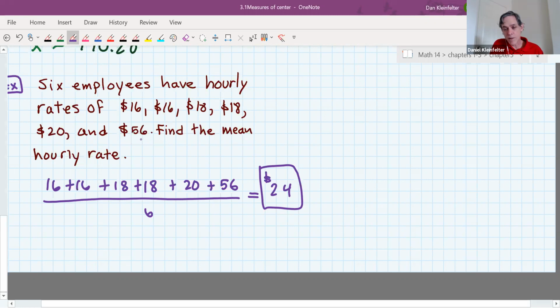The presence of that one person pulls up the average into the 24 range, where it would be more fair to say that the typical pay is 20 or less. It looks like most people make about 17, right? If we take the average of the 16s and 18s, we get 17. That sounds more typical than the 24 does.